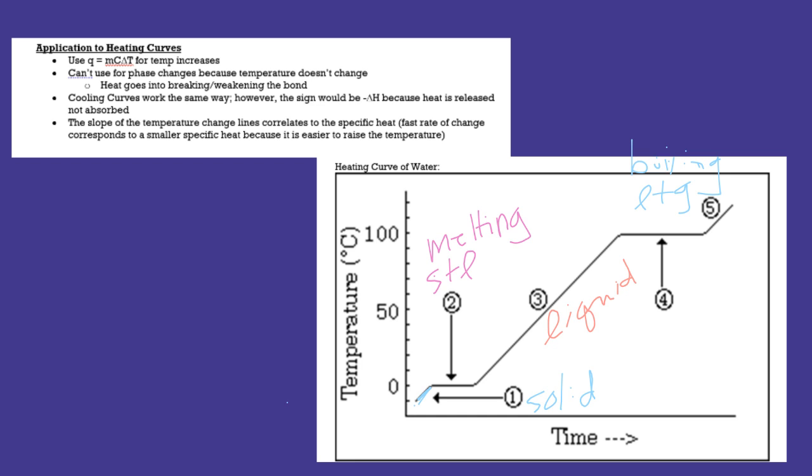And the energy is going into breaking the bonds. We notice here that this line is always going to be longer than this line, because part four will be longer: it takes more energy to break a bond than it does to just weaken an IMF. And remember, intramolecular bonds are never broken in phase changes. And part five here is where we just have a gas.